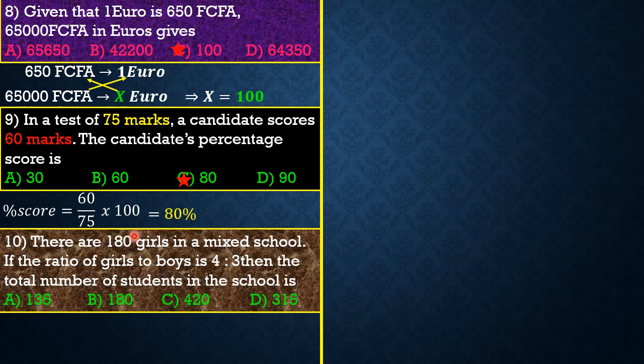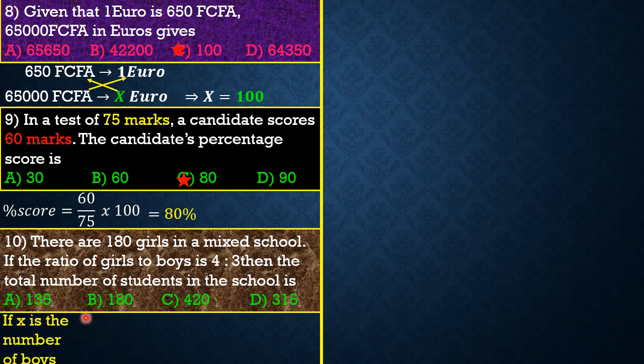Question 10 simply reads that there are 180 girls in a mixed school. If the ratio of girls to boys is 4:3, then the total number of students in the school is. Since we have the total number of girls, if we can get the total number of boys, we can add the number of boys to the number of girls, and that will give us the total number of students in that school. Let x represent the number of boys.